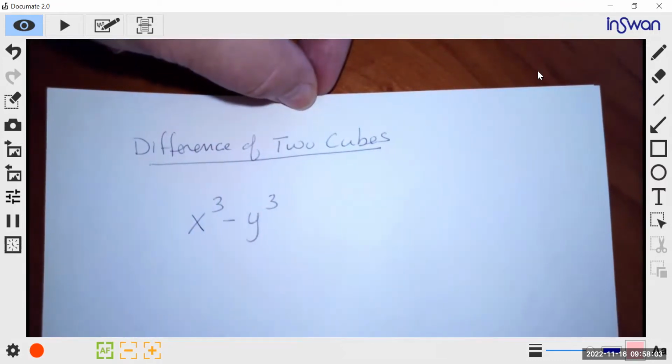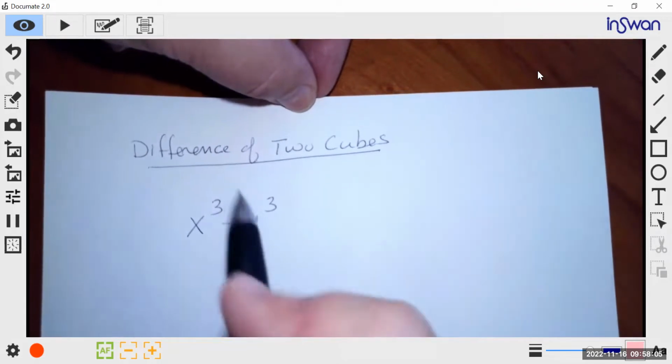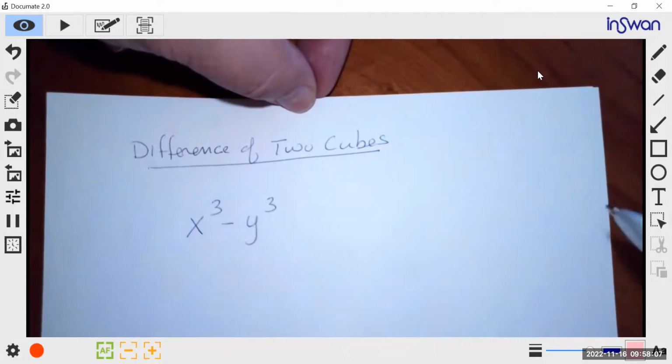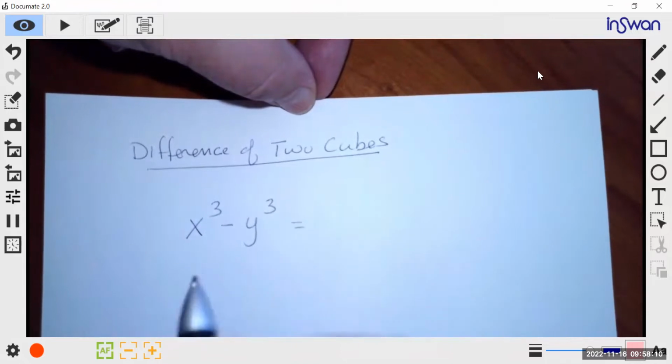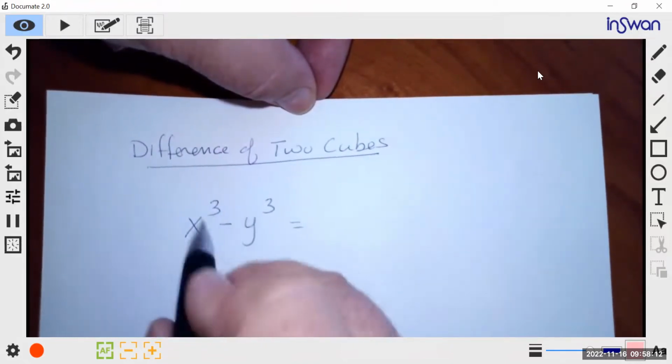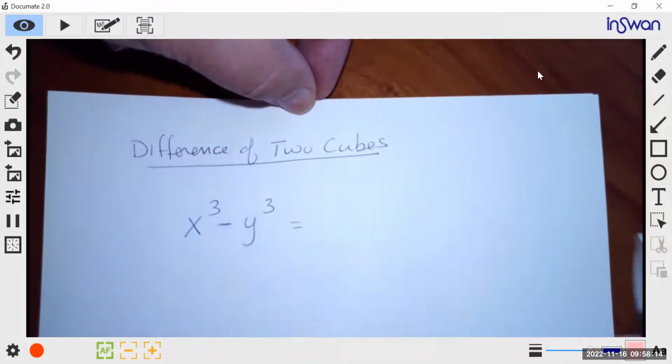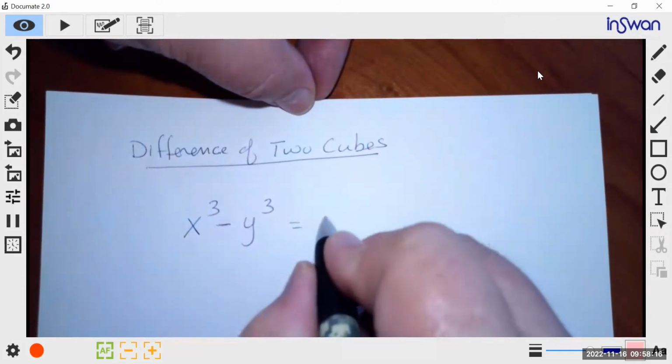Again, we only have 2 terms, and they're both cubes with a minus between them. If you have 2 terms that are cubed with a minus between them, then it's a difference of 2 cubes.